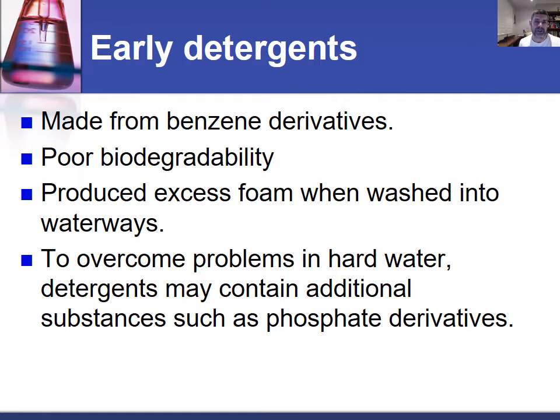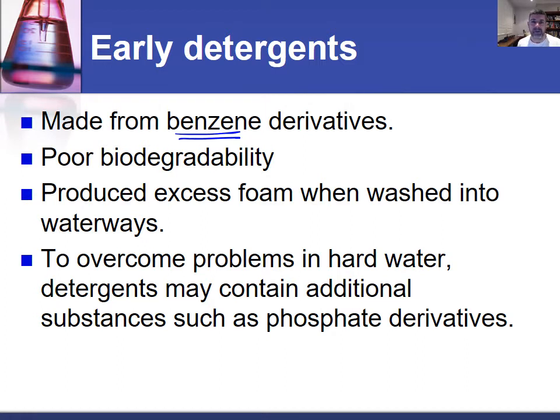So firstly, the fact that detergents began with benzene derivatives gives you an idea about some of the problems with the early detergents. Not great choices back then. Benzene is a really good substance in terms of its carbon-hydrogen bonding, but it's an aromatic.